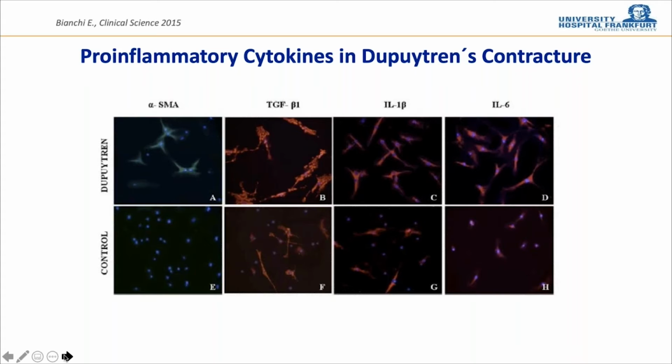By this, elevated levels of pro-inflammatory cytokines were observed in fibroblast cultures isolated from Dupuytren's nodules as compared to normal palmar fascia. These factors include, among others, fibroblast growth factor, platelet-derived growth factor, epidermal growth factor, connective tissue growth factor, isotypes of transforming growth factor beta, and tumor necrosis factor alpha.